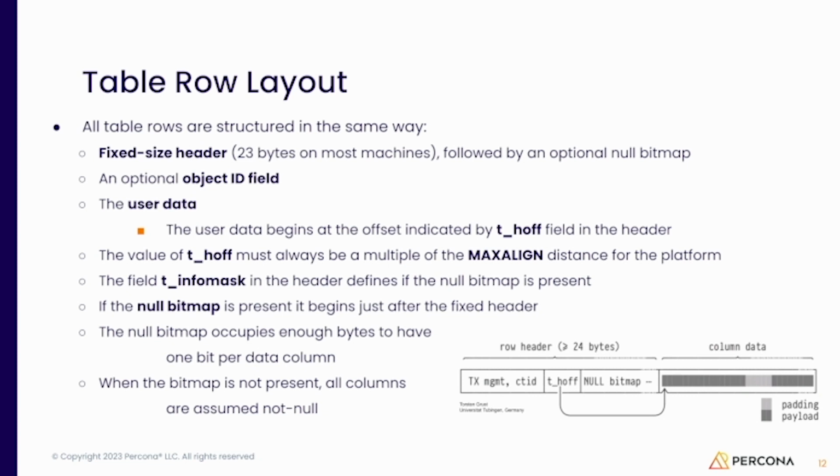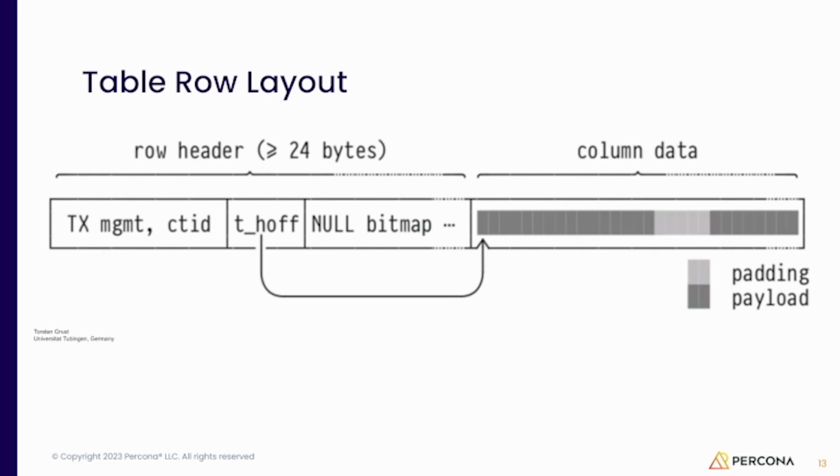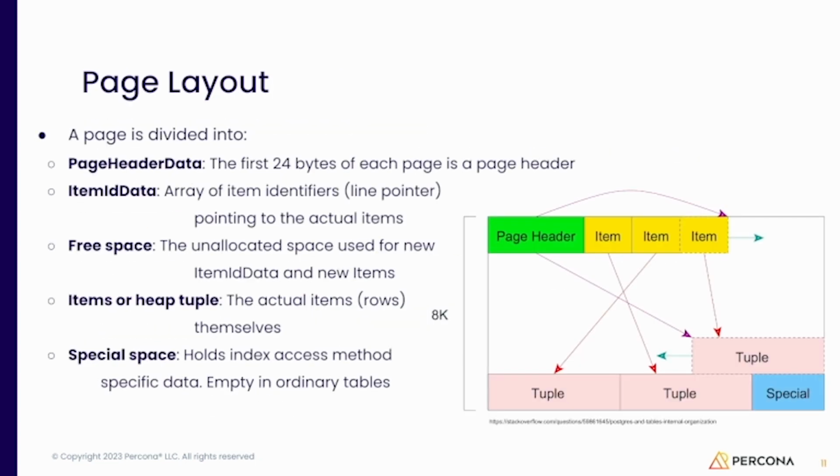And there's also information about where the page stops and starts. Because if we go back here, basically the item pointer is pointing to the beginning of the page. So inside it also has the address on how many bytes we have up to the end of the page, so the database doesn't cross the boundaries of each data.